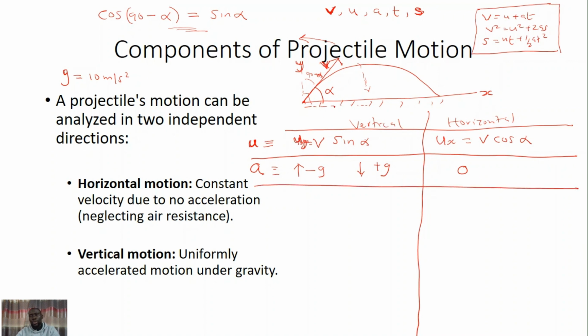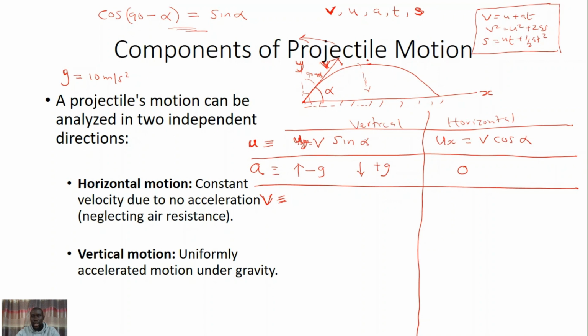Now, the next thing we will talk about is the final velocity, v, of a projectile motion. Usually, when the body is thrown up like this, it goes up and at a point it stops momentarily.